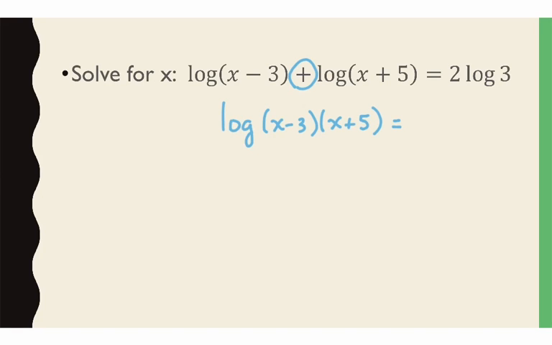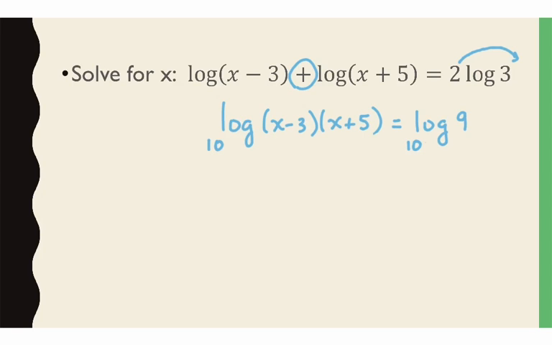Completely legal. On the right side, the one thing I see I can do is to move that 2 up to the top. That's an exponent for the 3. So 3 squared is 9. Now, I could, if I wanted to, subtract this log over to the left and then do a division. I could totally do that and it would be fine. But since I just got to the point where I have one log on each side, I can do an anti-log. Actually, what I'm going to do is put a base 10 on each of these sides.